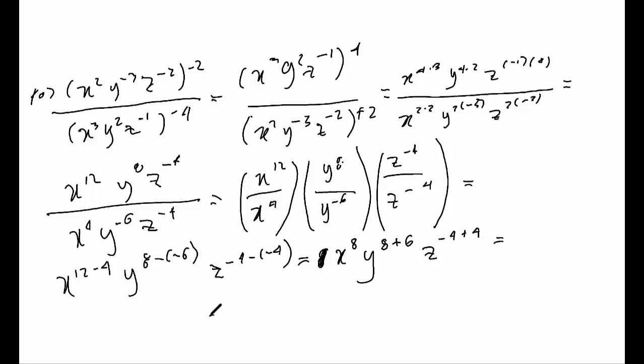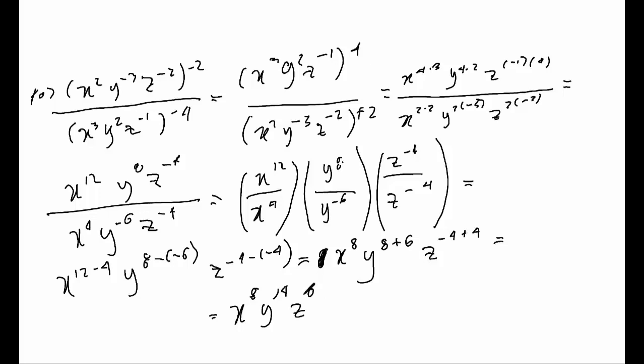So I have x to the 8th, and 8 plus 6 gives me 14, so that's y to the 14. And recall, z, negative 4 plus 4 is 0.